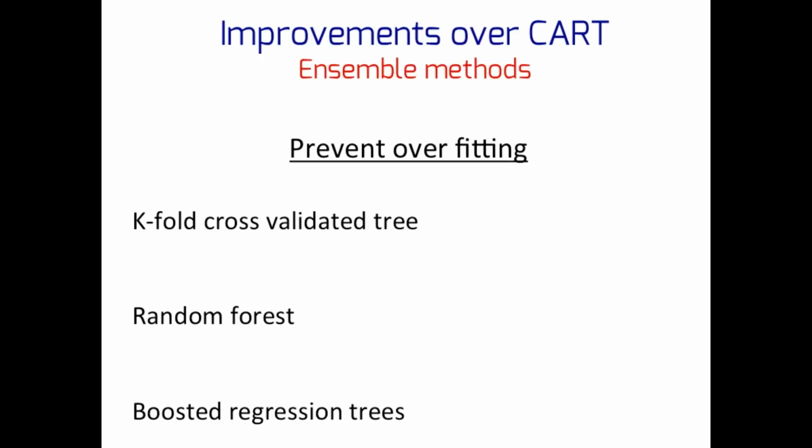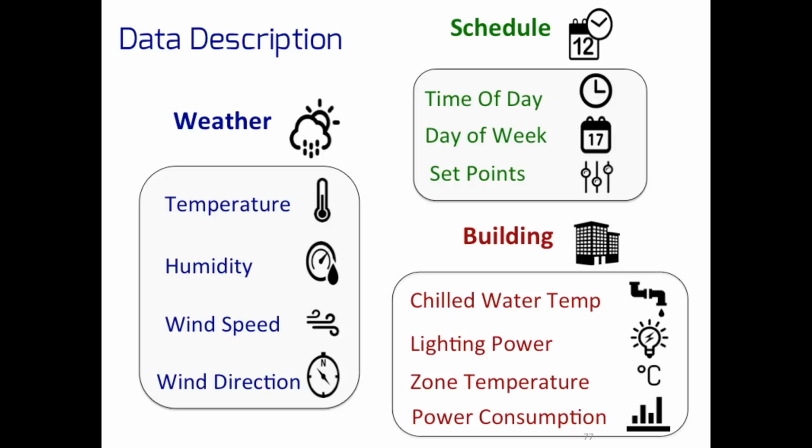So coming back to the context of buildings, the features that I train on, or the data that we need, can be classified as weather data, schedule data, or building data. Notice that weather data these days does not require you to have a weather station online. You can purchase weather data for virtually any location from third-party websites. Schedule data involves some proxy features which we develop ourselves, so you don't need sensors to measure time of the day and day of the week.